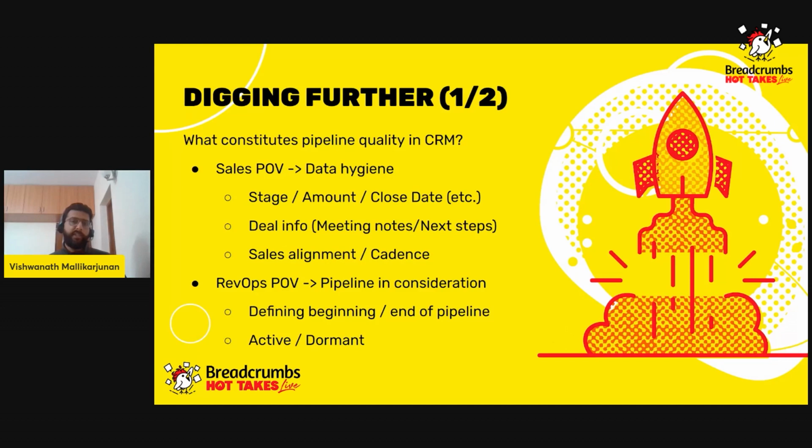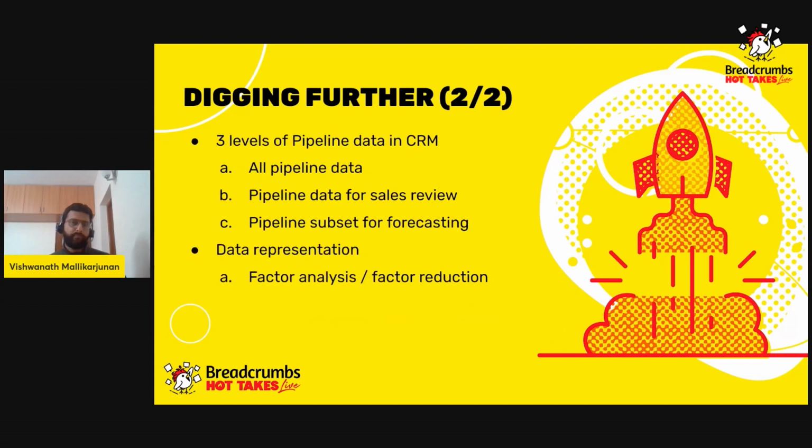So consistency and quality is pretty much where the pipeline in consideration actually begins from a RevOps perspective. Also, if an opportunity is part of the pipeline, is it active or is it dormant, even though it might be part of the entire pipeline closing this quarter? These are just some points where we are scratching the surface, so let's go one level deeper.